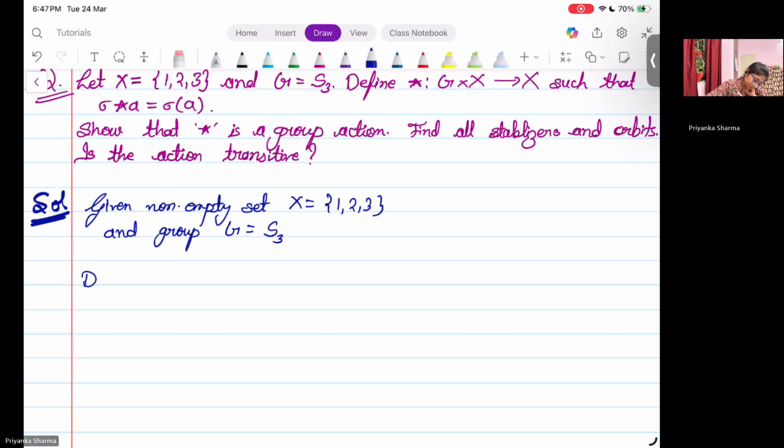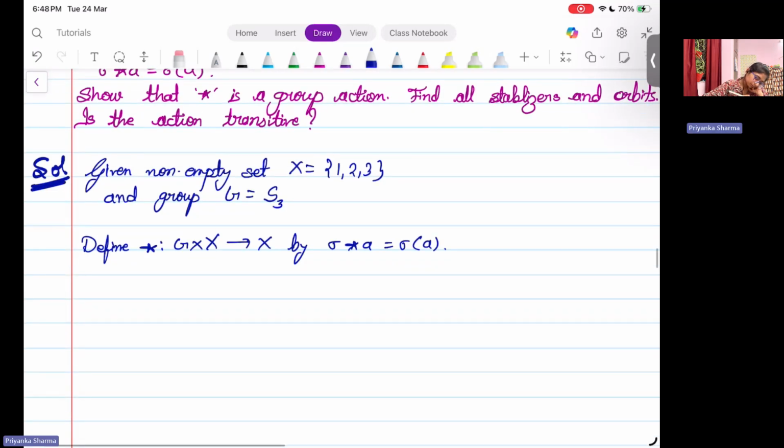And define a map star from G cross X to X by sigma star a is sigma of a. So we need to check whether this is a group action or not.